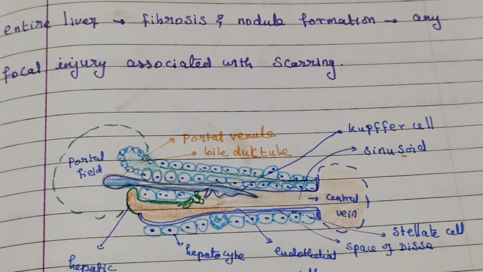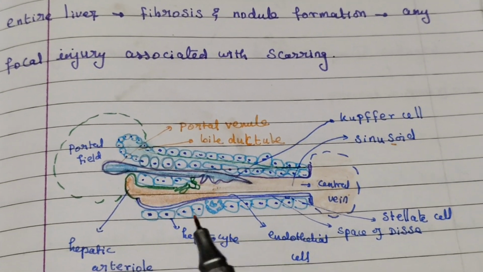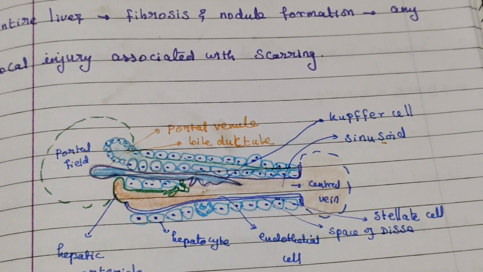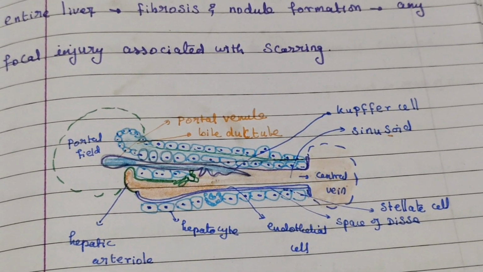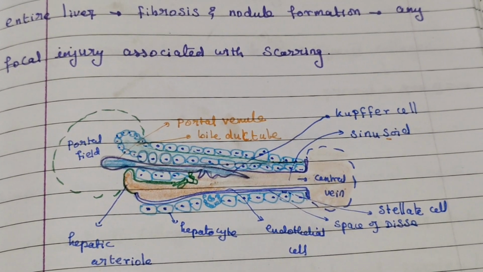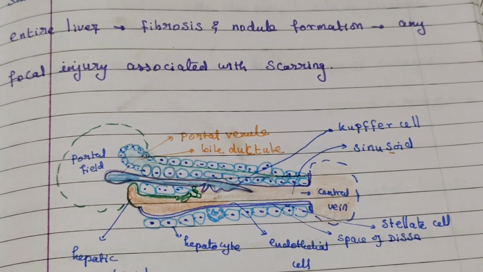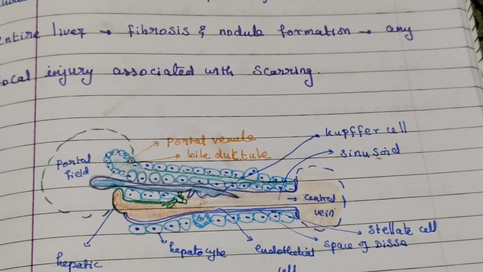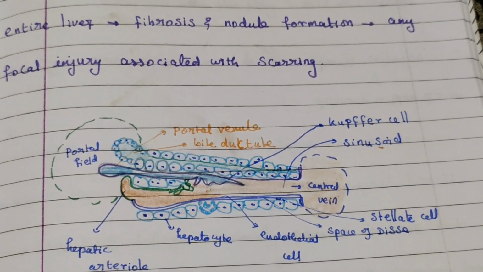The portal triad is constituted of the bile ductule, then the portal vein, and then the hepatic artery. So, this is the portal triad. Then there is a central vein. Connecting them, there is a sinusoid which is lined by continuous endothelial cells.